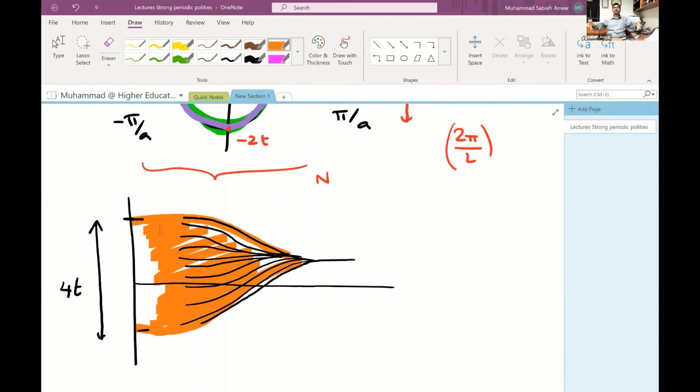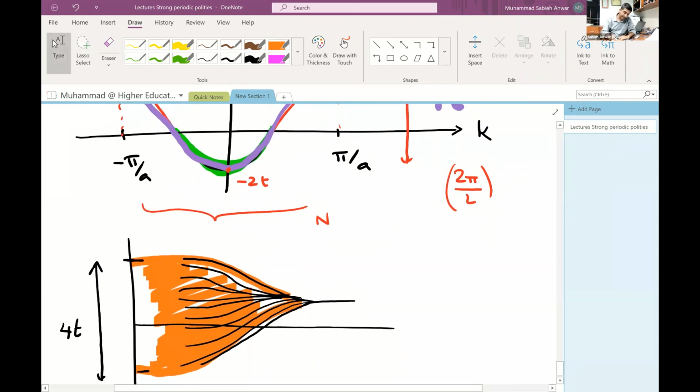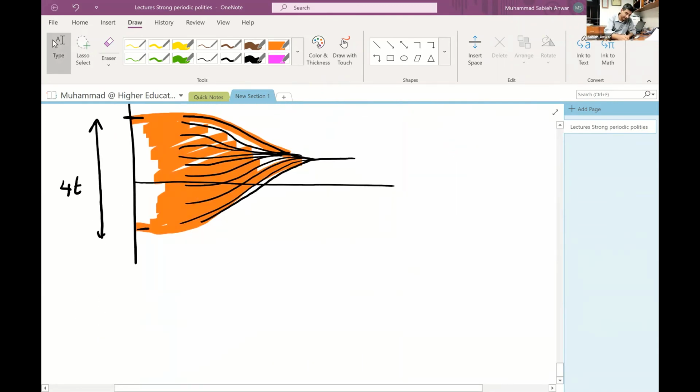There is quantization of the k values, and all of these k values give rise to tiny, tiny steps in energy. But they're so close together because the number of atoms inside a macroscopic solid is so large. There are so many unit cells that these energy levels are spaced really finely together and they form almost a continuous band. This is called the first band. So if we had, so let me redraw this band here.